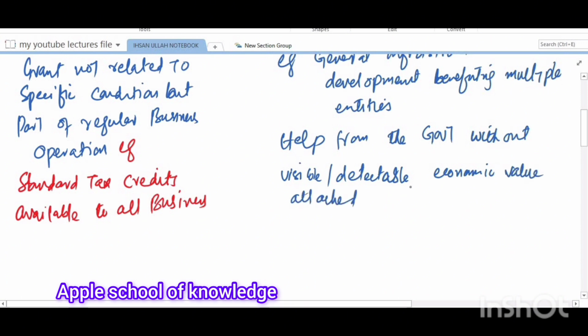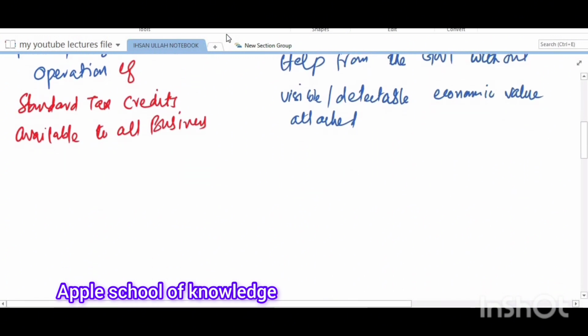Clear? Let me elaborate with examples so you'll understand in a better way.